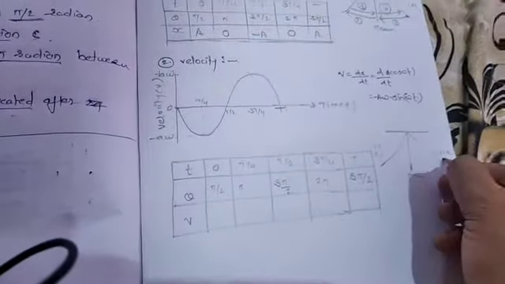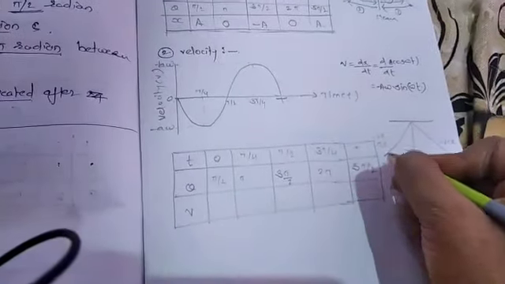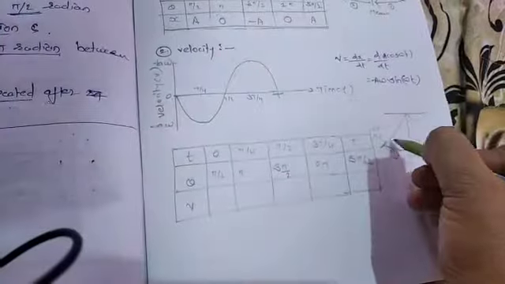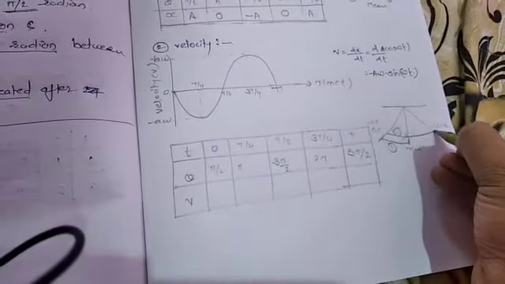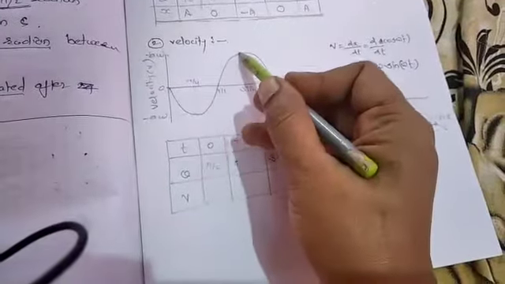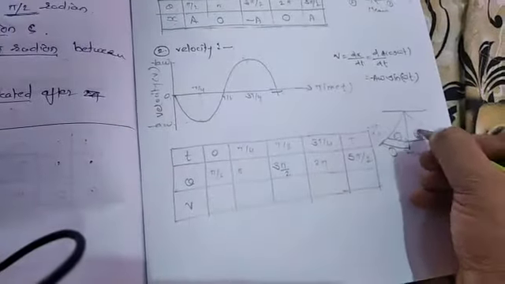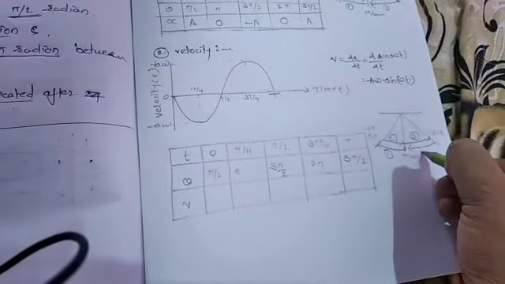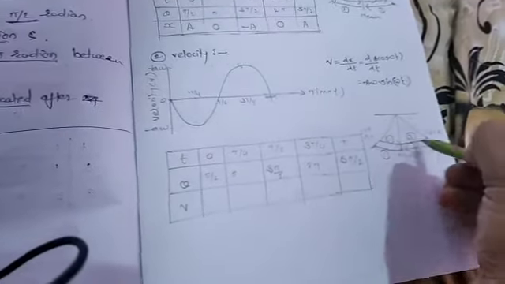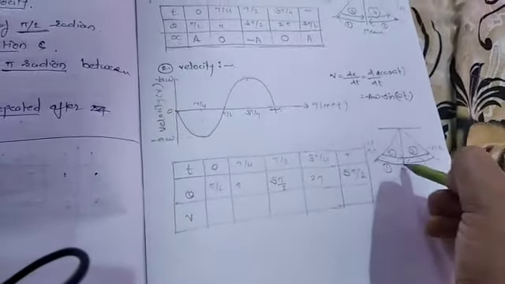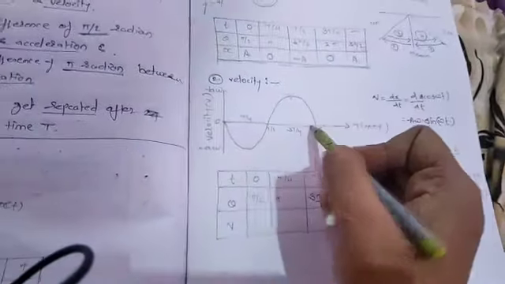It is not moving to the positive extreme, it is moving to the negative extreme position, this is first. Then it again goes to the mean position, this is second. From the mean position it goes to the positive extreme, and from the positive extreme it goes to the mean again. So the motion is from mean to negative extreme to mean, mean to positive extreme, and positive extreme again to mean. So the graph will be like this.